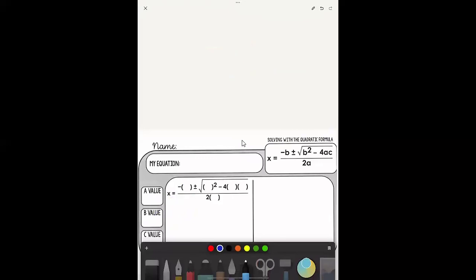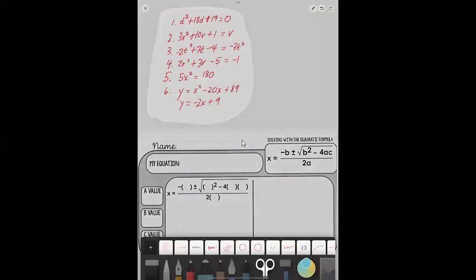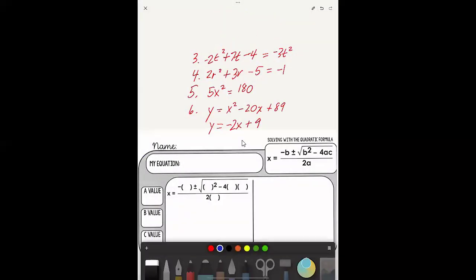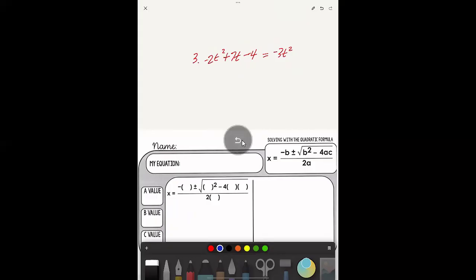Now let's go to the next one. In this case, we need the third one, and we'll get rid of the other ones. This is not equal to 0, so I've got to add 3t squared to both sides. And I've got to find the like term on the left-hand side to add it to. This is going to be 0. That's why we're doing it. This is going to be a negative 2 plus 3, a positive 1t squared plus 7t minus 4.